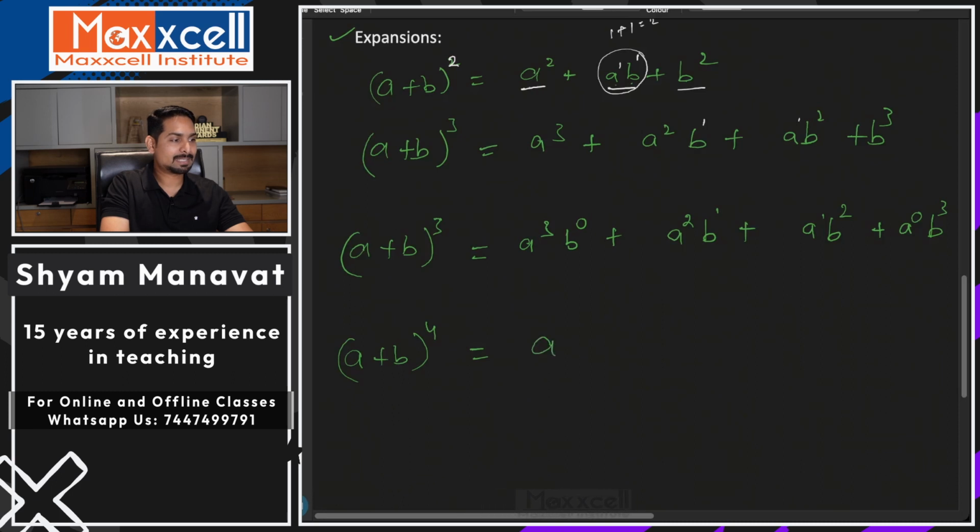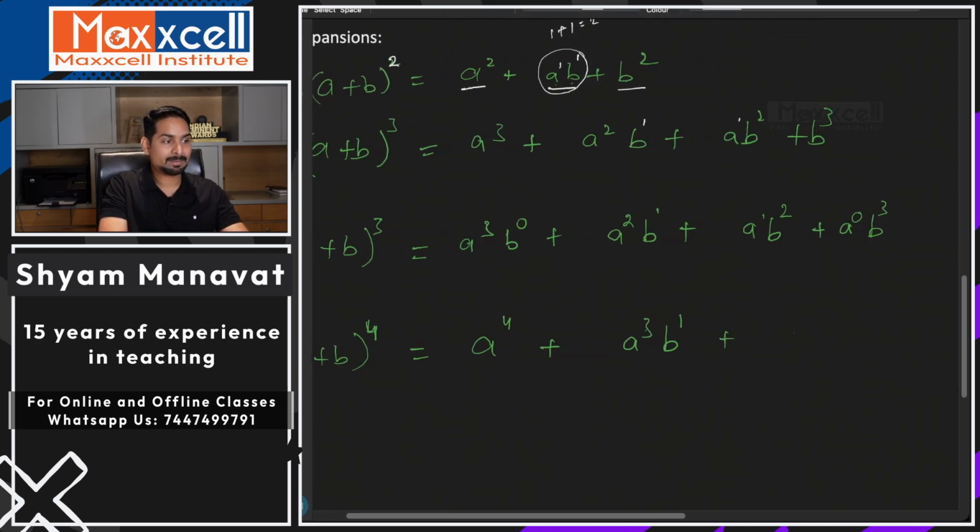Here it will start with a to the power 4, whatever is the power of the bracket. b is 0 here. Now a reduced by 1, so it becomes a cube. b increased by 1, so b was 0 in the previous term, it becomes 1. 3 plus 1 is 4, so the total power is still 4.